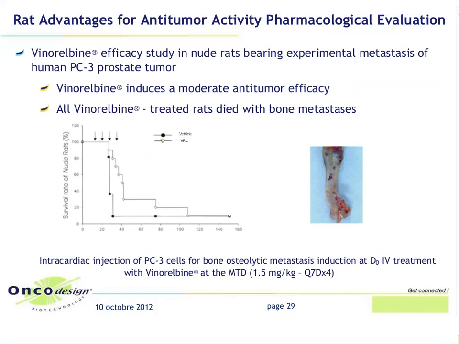It is known that there is no survival benefit for patients with metastatic prostate cancer after treatment with chemotherapy.